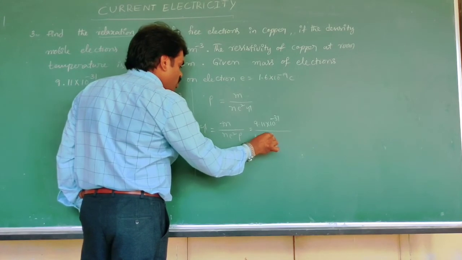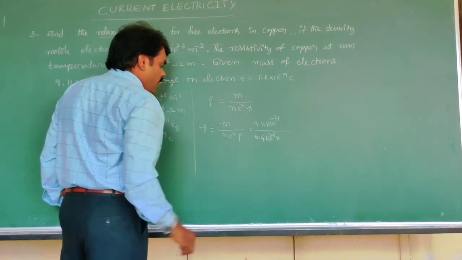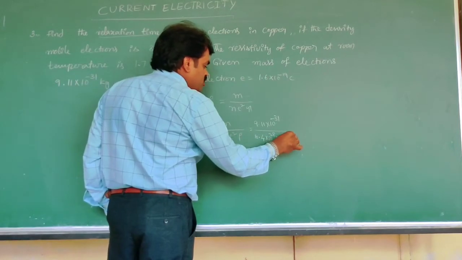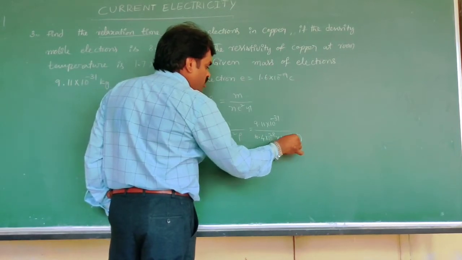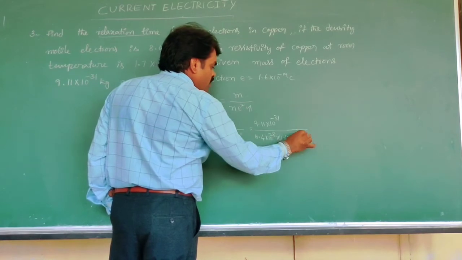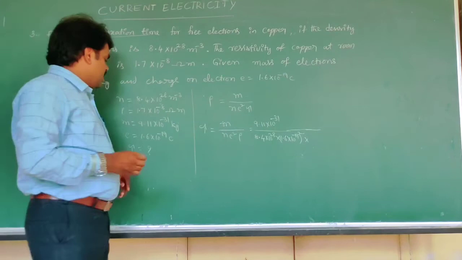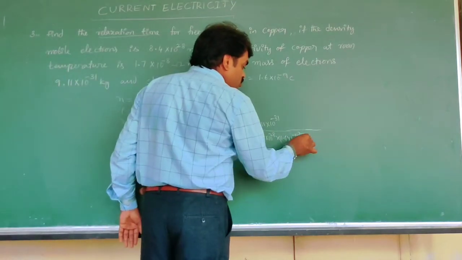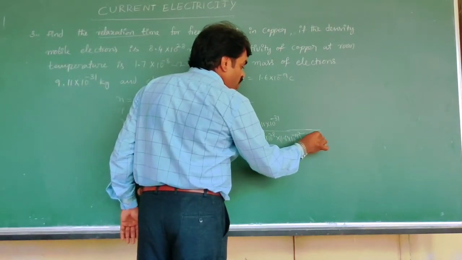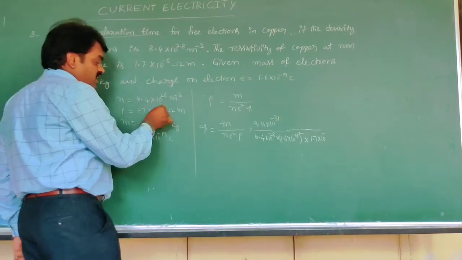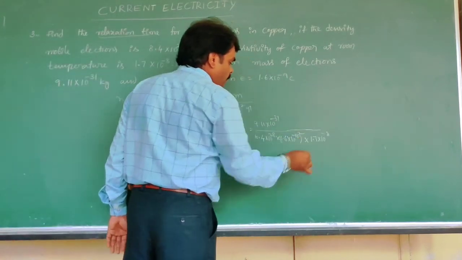8.4 into 10 to the power of 28 into charge of electron 1.6 into 10 to the power of minus 19 whole square. And rho, the resistivity, is given as 1.7 into 10 to the power of minus 8.